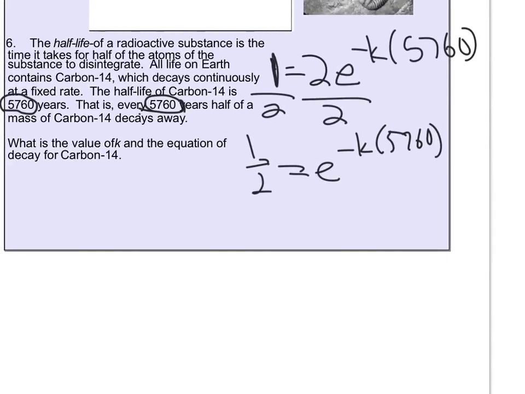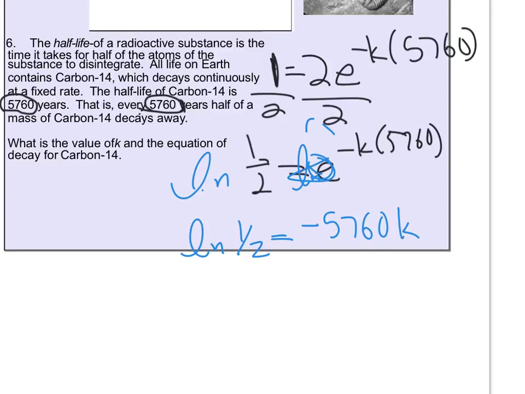So now, if I have e, I want to take the natural log of both sides. So I want the natural log of 1/2. This cancels out, and bring this out, so I get negative 5760k. So I want to divide by that.